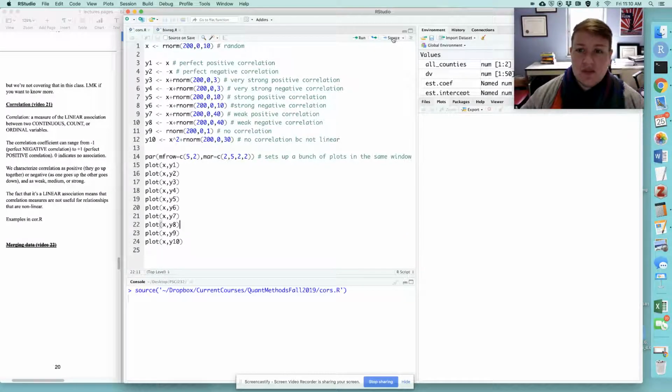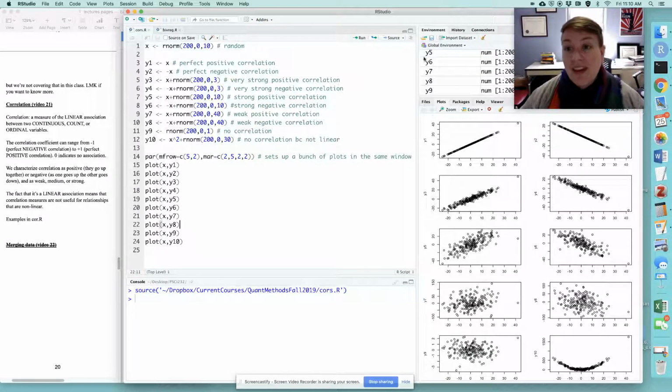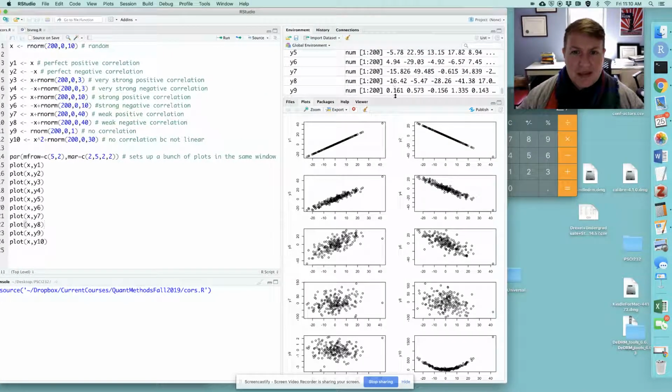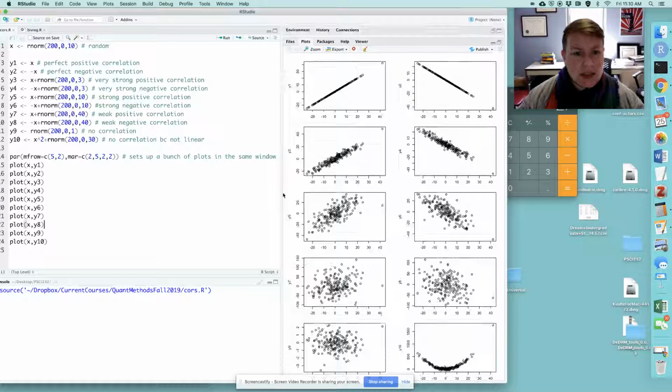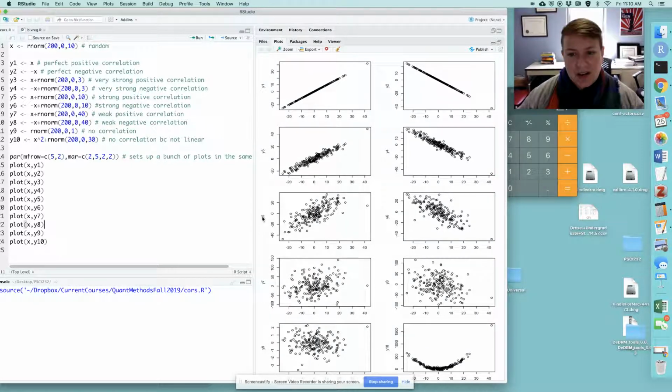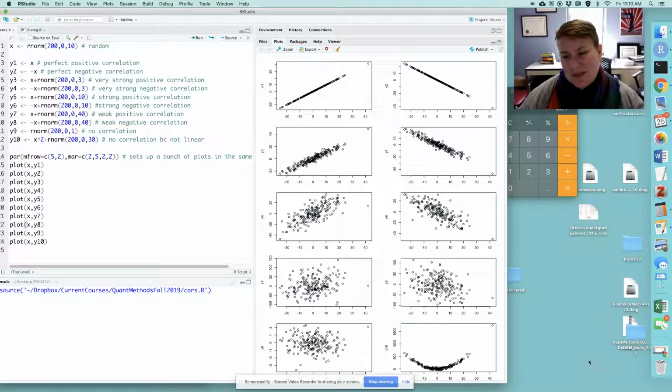Okay, let's look. Source. There they are. They're showing up a little bit small here, so I'm going to try to make them a little bigger. Basically that's what we're seeing. In the top row, we have perfect positive and perfect negative correlations.